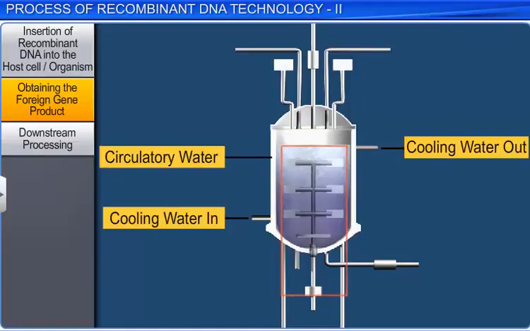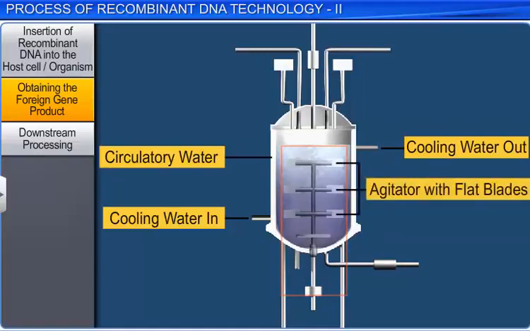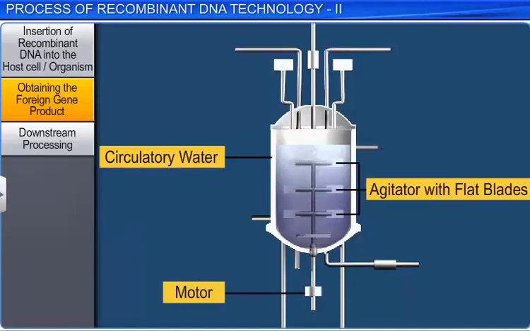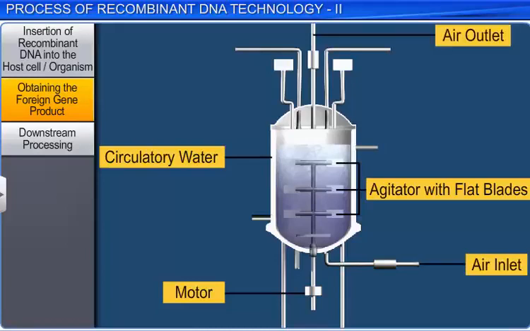There is also an agitator inside the bioreactor comprising a series of flat blades which can be rotated with the help of a motor. This ensures thorough mixing of the contents so that nutrients come in close contact with the microorganisms. The agitator also prevents settling of the cells at the bottom. The bioreactor also makes adequate provision for aeration, temperature, and pH control.